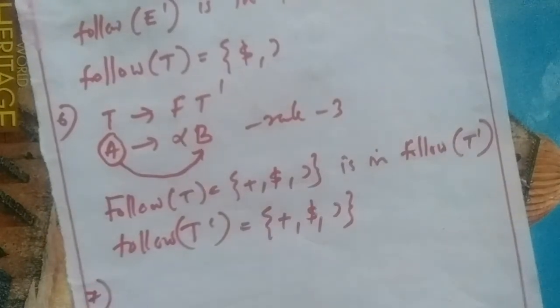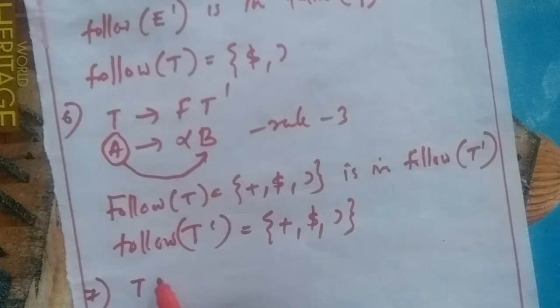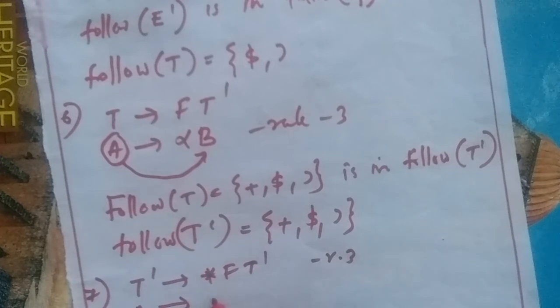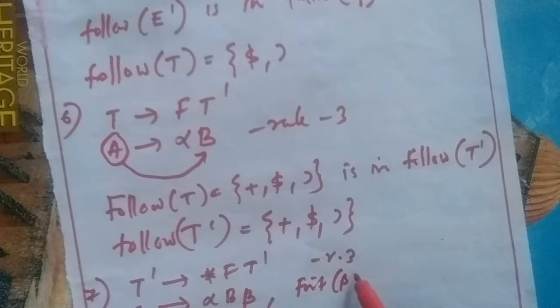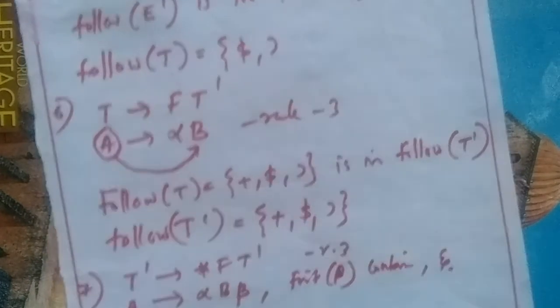Then the next thing is the seventh rule. Look here, T dash gives star F T dash. Then here I will apply rule 3. Rule 3 says A gives alpha B beta, and first of beta contains epsilon.